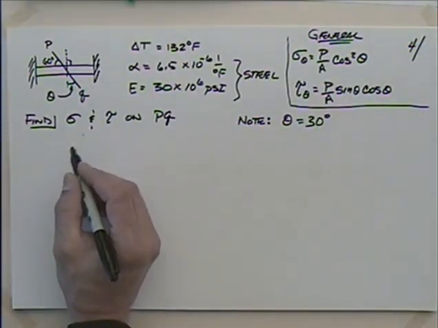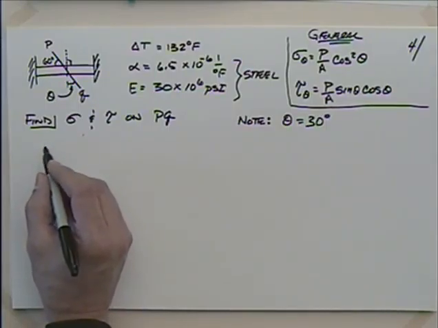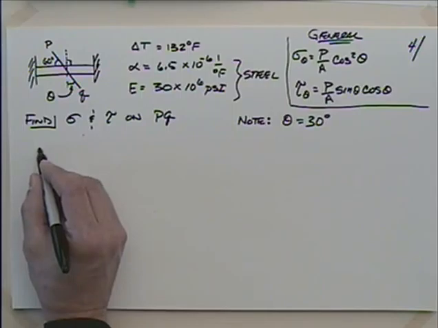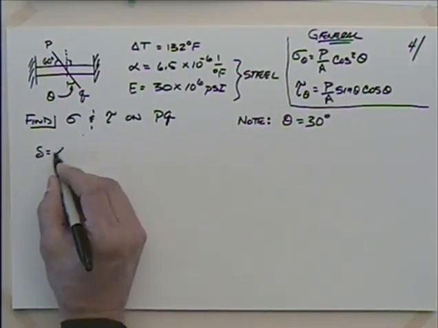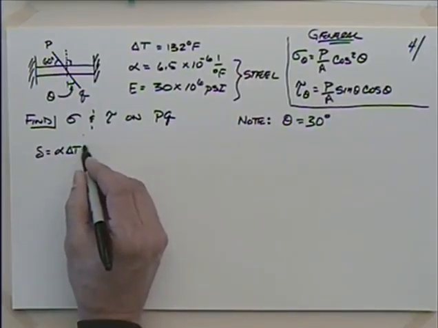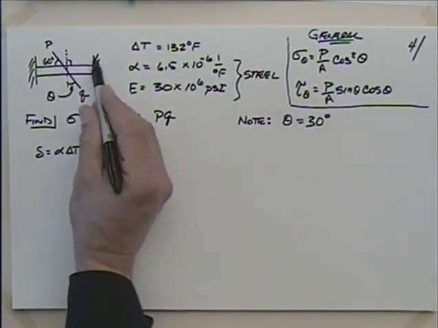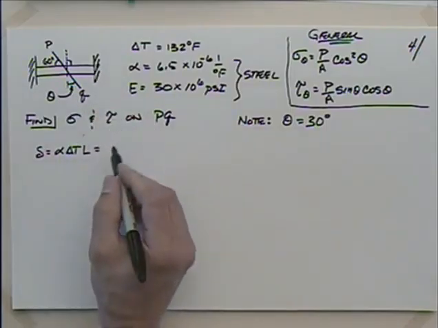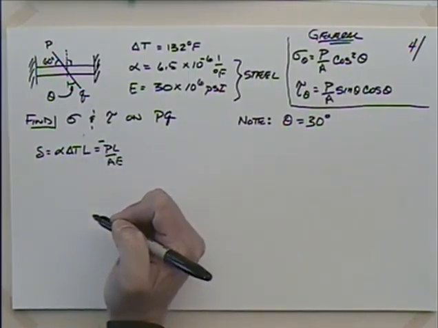We went through the statically indeterminate process, and we said that delta, for the thermal effects, is alpha delta T times L. That's also one of these fixed supports pushing back, which is going to be PL over AE, right? We should probably have a negative sign because we have compression in there.